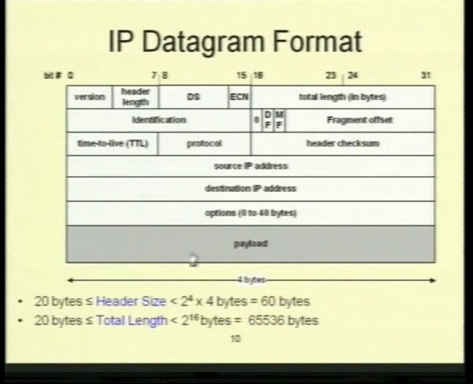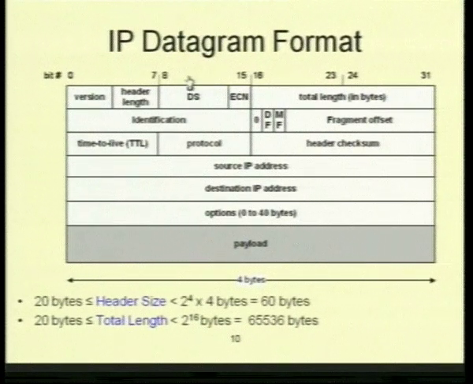Now, the entire packet consists of a header plus the payload, and the header itself has a constant portion plus an optional portion. If you look at the size of the header, each of the rows here is 4 bytes, 32 bits, and we have 5 such rows which form the standard part of the IP header.